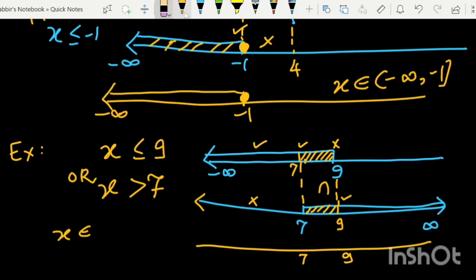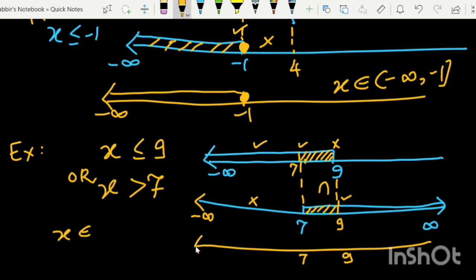So what we will do, as you can see here, after plotting x less than or equal to 9, 7 to 9 is the common solution, minus infinity to 7 is the uncommon solution.